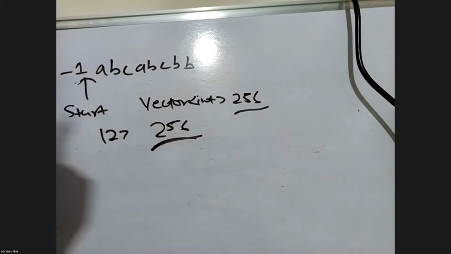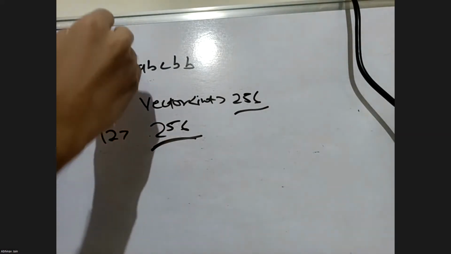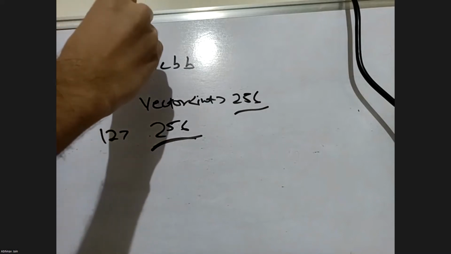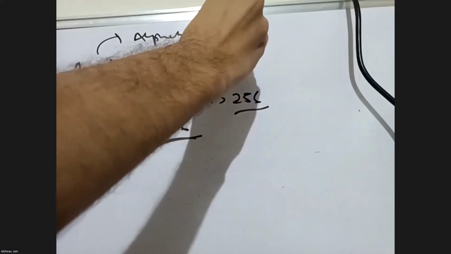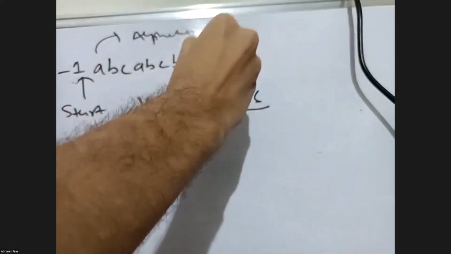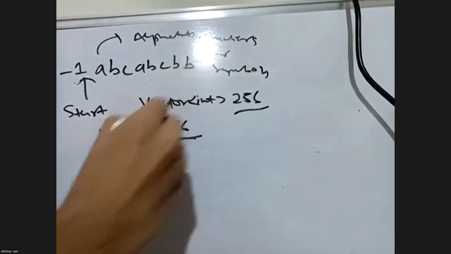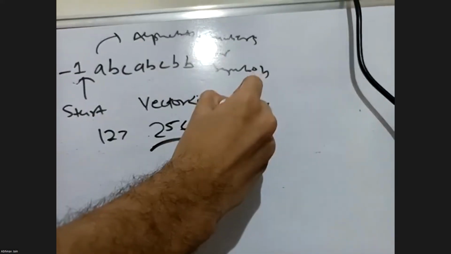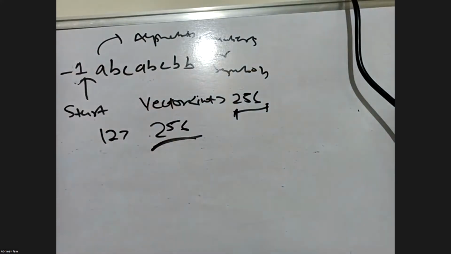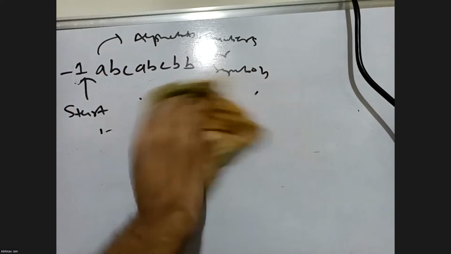If we read the question carefully, in the constraints it is clearly given that the characters of the string can be alphabets, numbers, or symbols. So we can take a vector of 256 places, which is the extended ASCII. So we will initialize this vector.